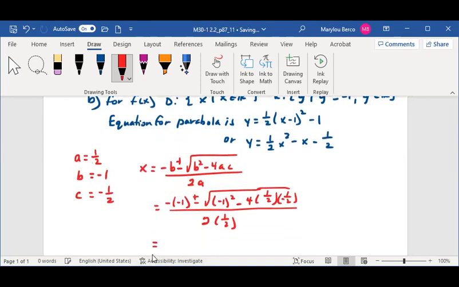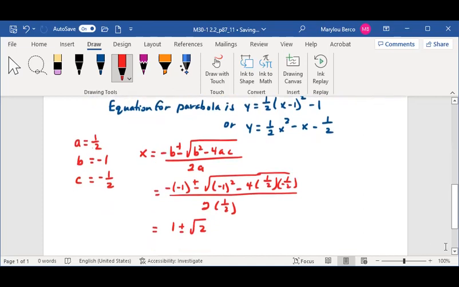So what we get is 1 plus or minus root 2 over 1. So these are the zeros.